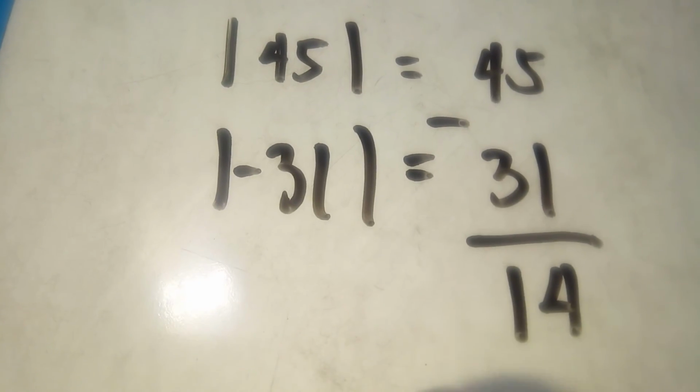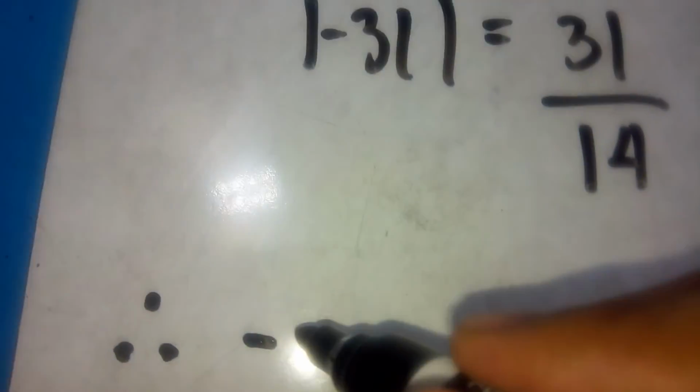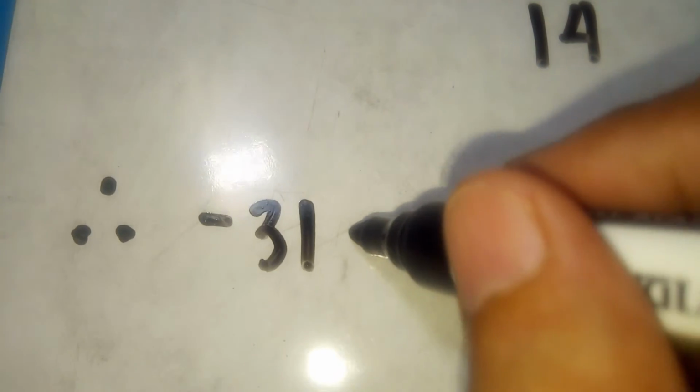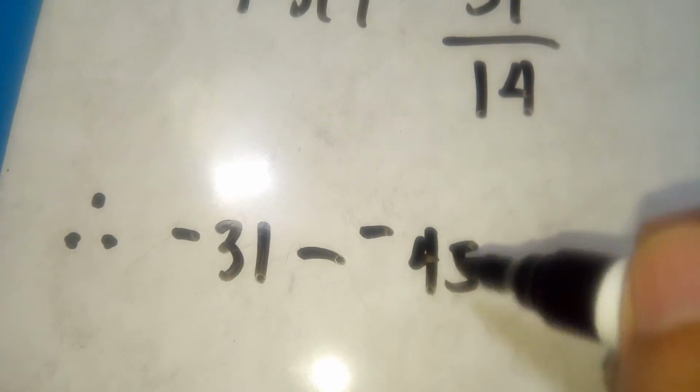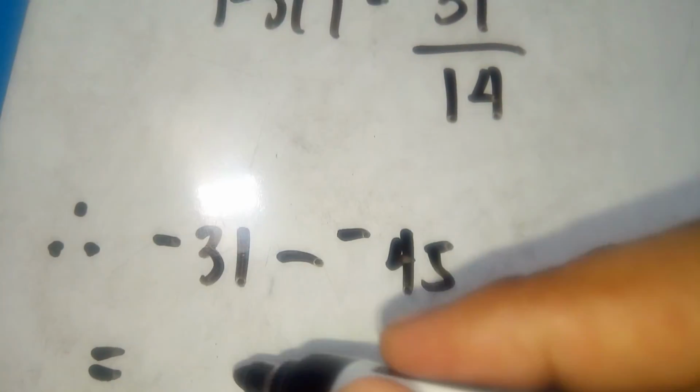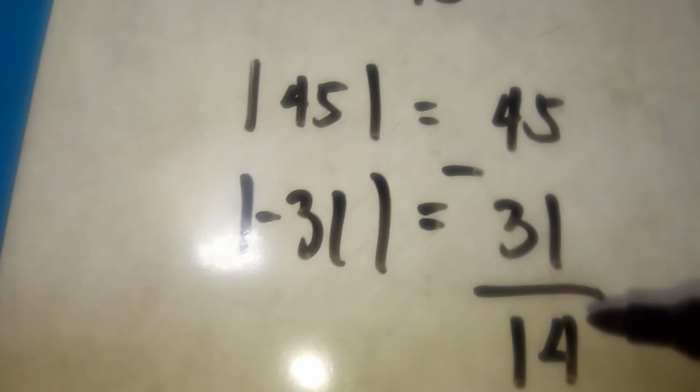Therefore negative 31 minus negative 45 equals 14. But what is the sign of 14?